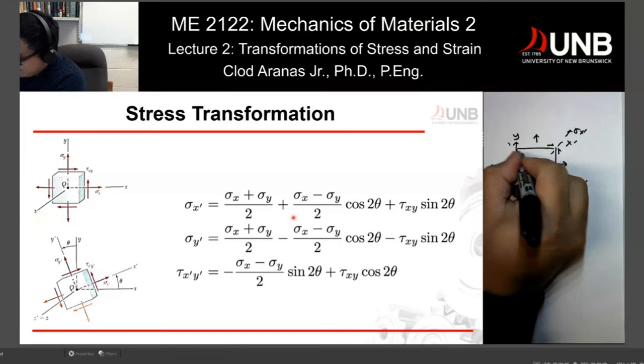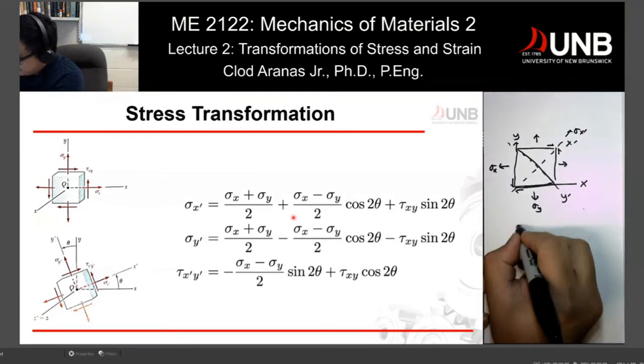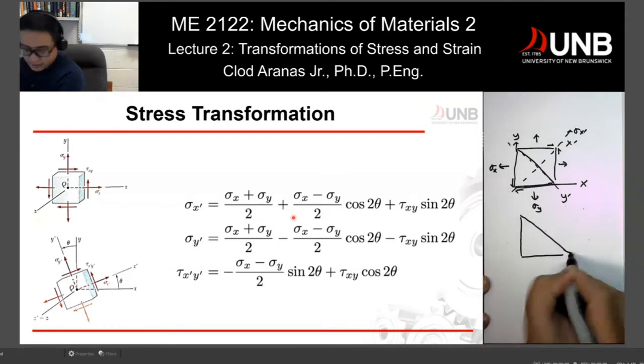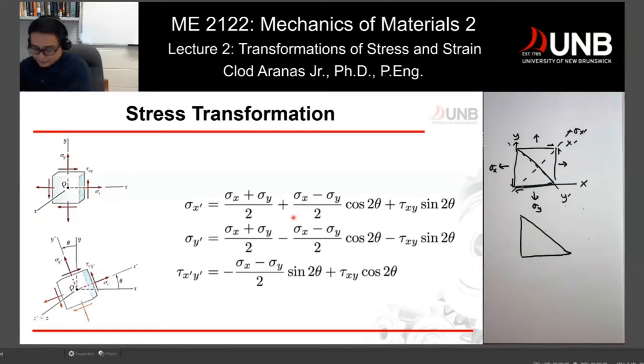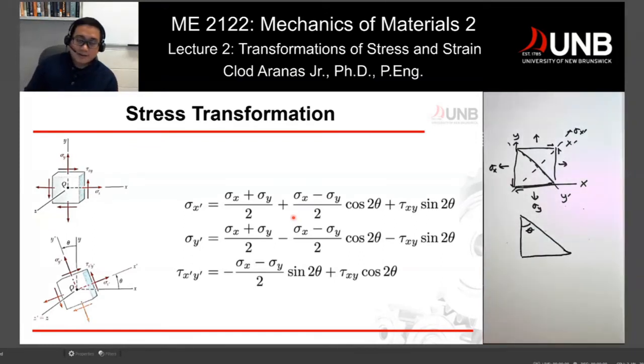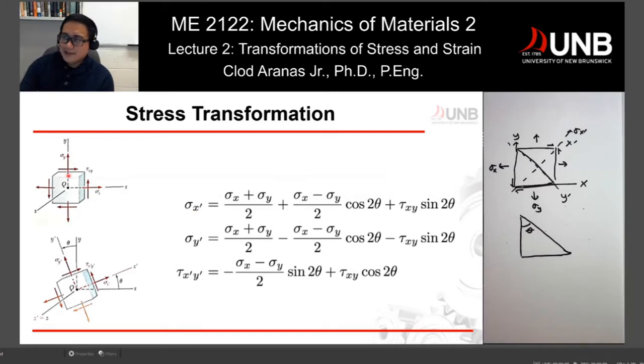So the way it works is we have to slice our element into this triangular shape. So we take this triangle here. Once we take that triangle, we have a certain theta right here, which is the amount of rotation that we performed. Now, once we have a theta here, the first thing that we have to think about is, although this is in 2D state, if we go back to our slide, this is actually in 3D that has a certain area.